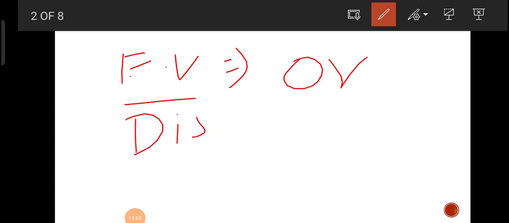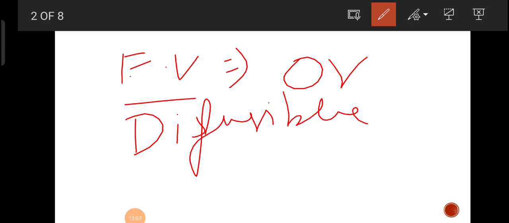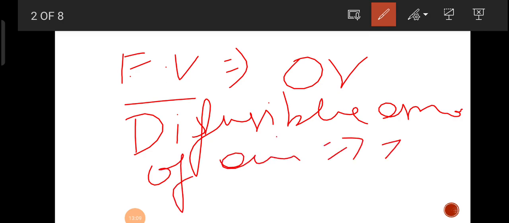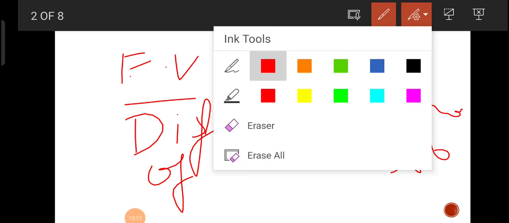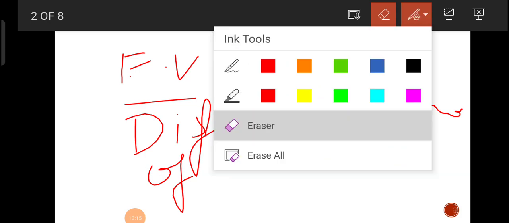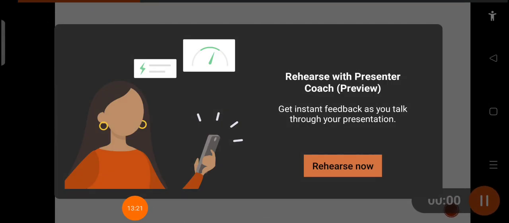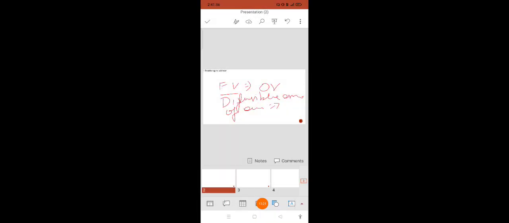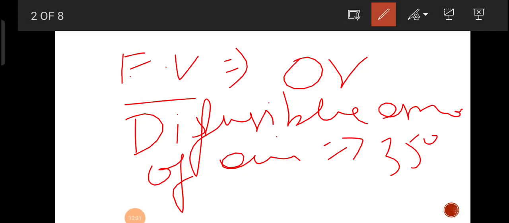And the functional volume, or diffusible amount of air, is 350 ml. So here is the end of the topic.